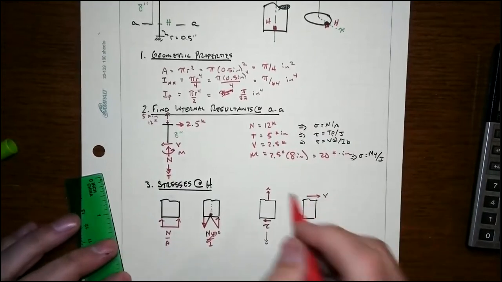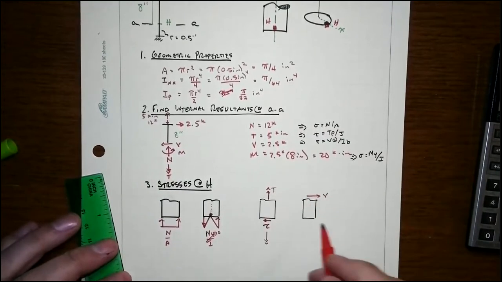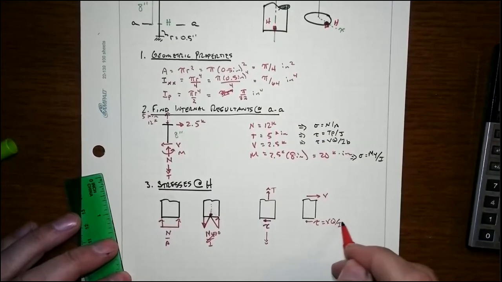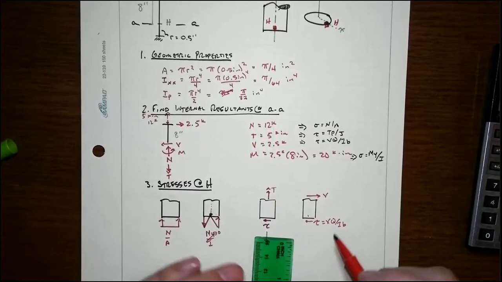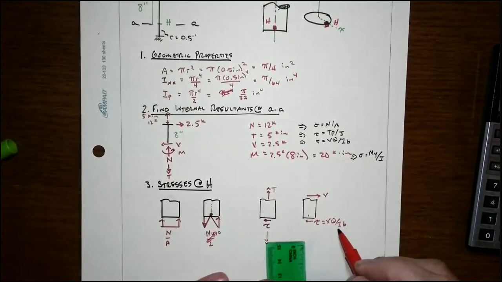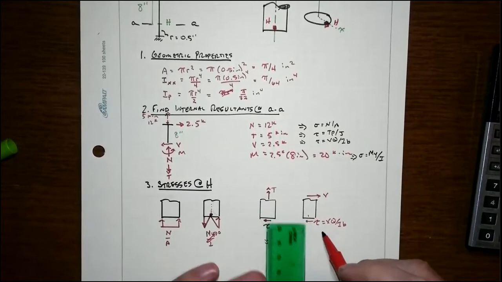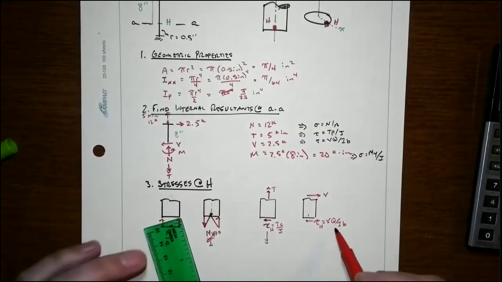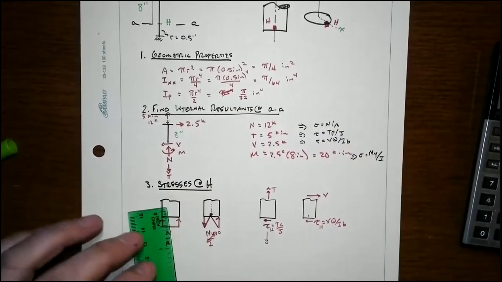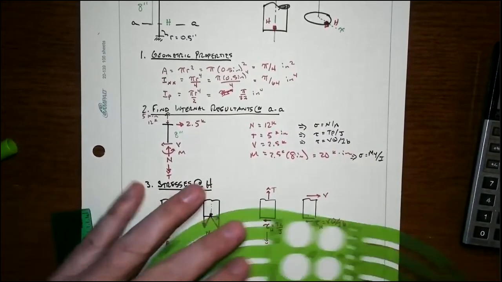That was your torque, there's your shear, and for resistance, then we've got to have tau equal VQ over IB. Now, that's going to be maximum at the neutral axis. And so that actually isn't a terrible one for a model right there for at point H. This one was TC over J because we were at H. Now let me show you that one.